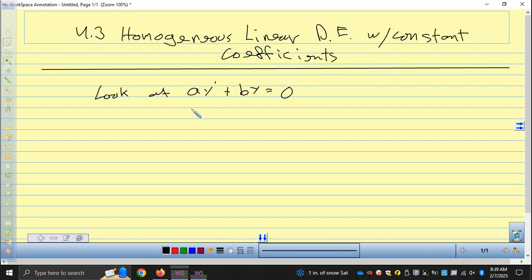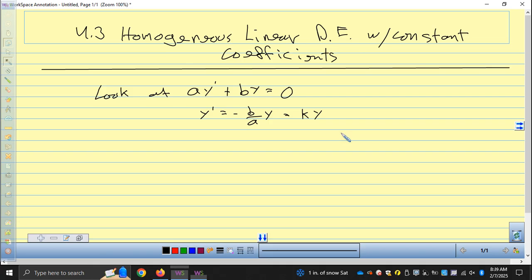And I'm going to write it in a different form. y prime equals negative b over a times y. And we could write this negative b over a is just a constant. These coefficients are constant. So we could say that's just k times y.